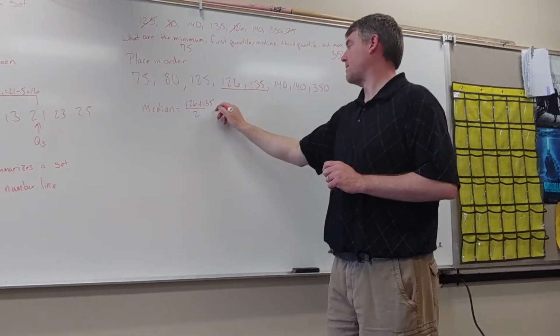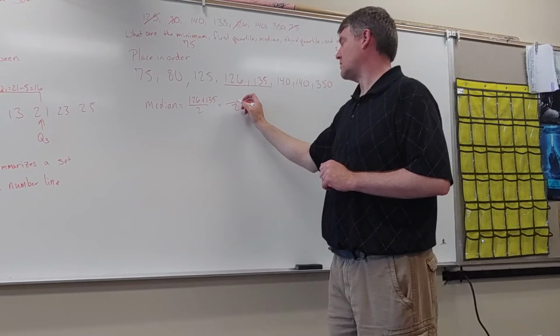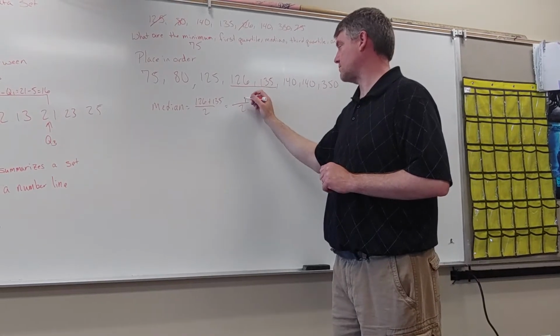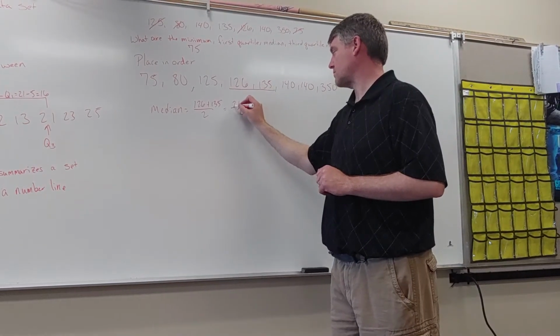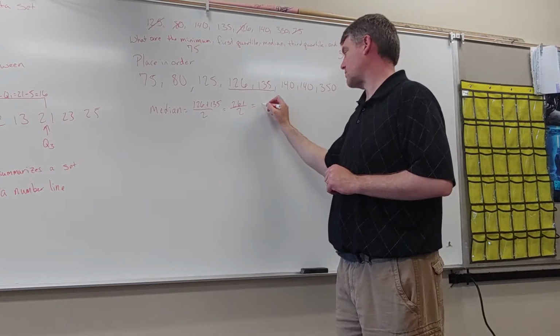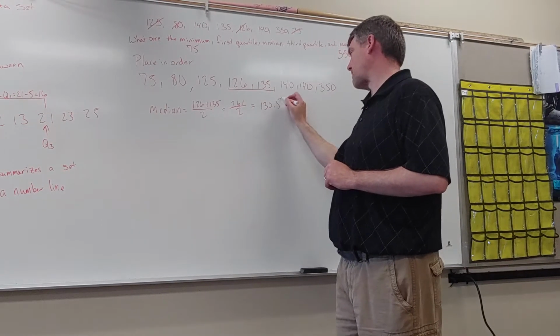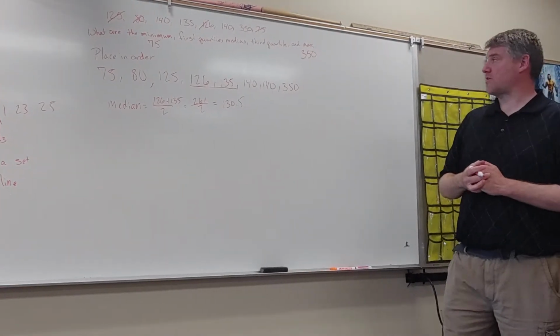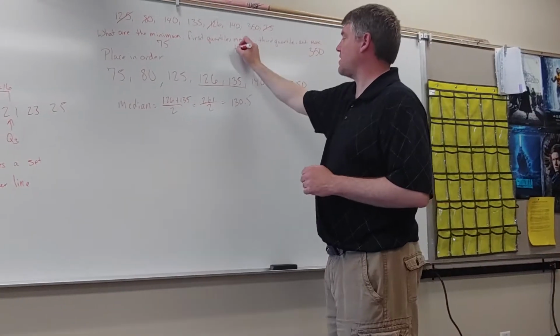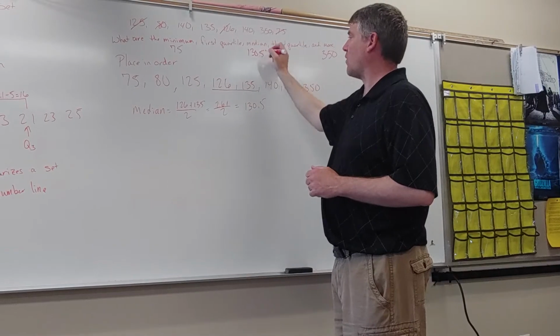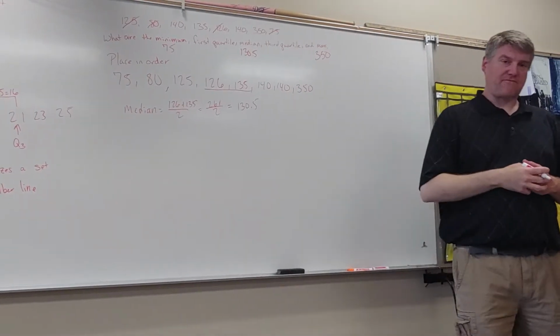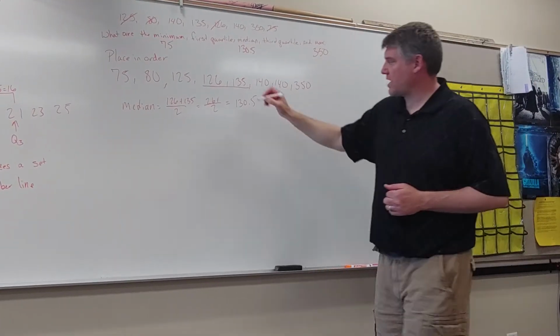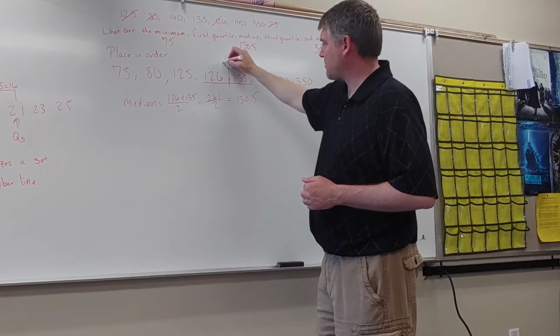Okay. So let's see here. Okay, so I get a median of 130.5. So my median here is 130.5. Now I need to find my first quartile. So right in between here, I have my median.